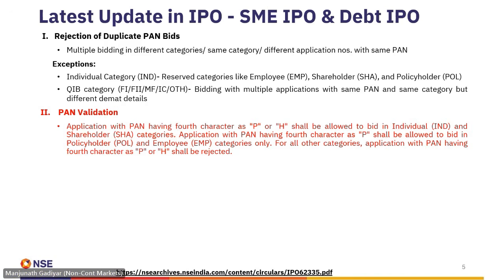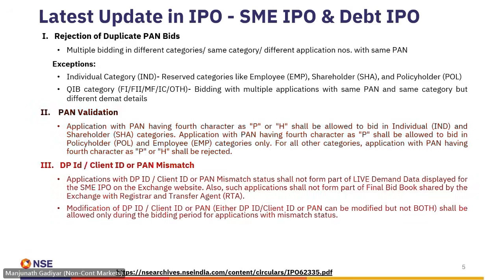Okay. Now let's also explain mismatches which arise from bids entered by the participants or intermediary. Correct. So applications with DP client ID or PAN mismatched status shall not form part of the live bidding data. Suppose you have placed a bid at 10 o'clock and there is a mismatch, then that won't be part of the demand details which the exchange updates periodically, every 5 minutes, on its website.